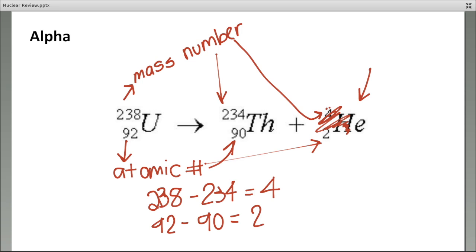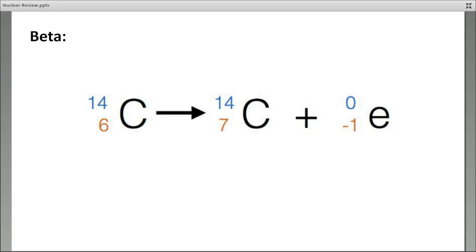In fact, this formula, this graphic itself, came from the test. This one did not, but it's the same thing. It's what would happen in beta radiation. This is still your mass number. That doesn't change on the top. And this is still your atomic number.